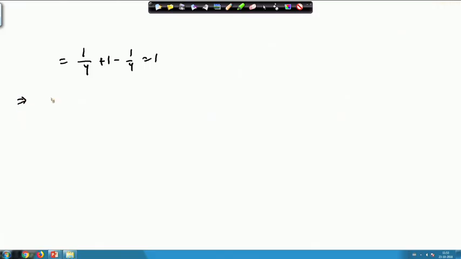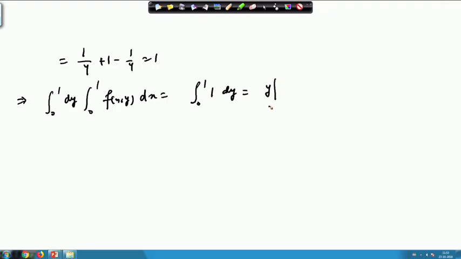So, therefore, from here if we have the integral from 0 to 1 dy, integral from 0 to 1 f(x,y) dx, then this value is basically the integral from 0 to 1 dy, and then this will be y, with y running from 0 to 1. So, this will be 1.